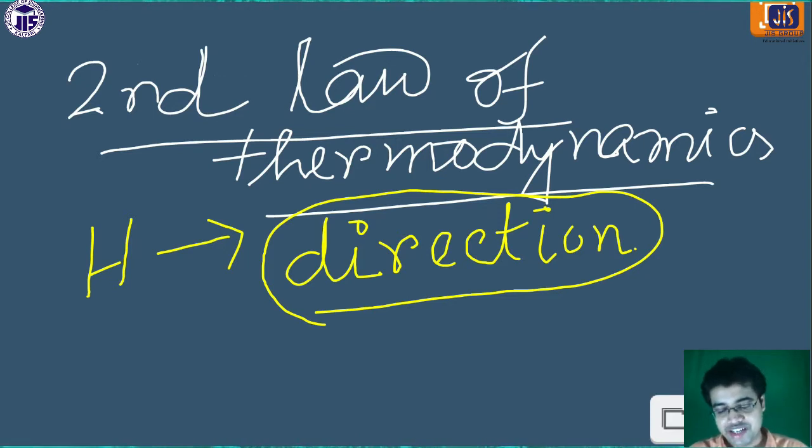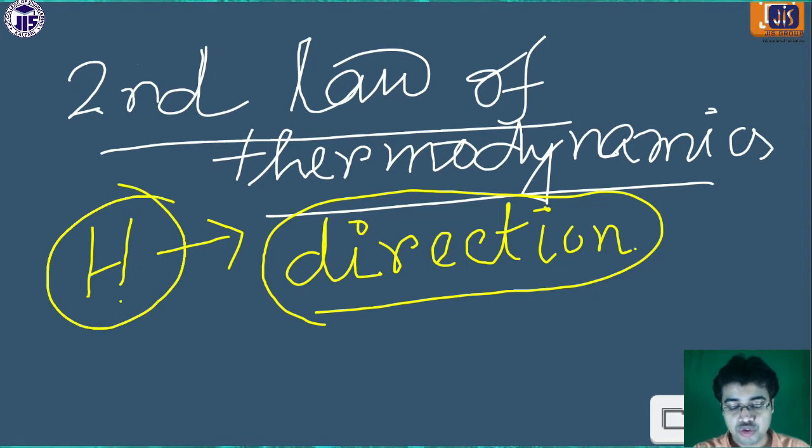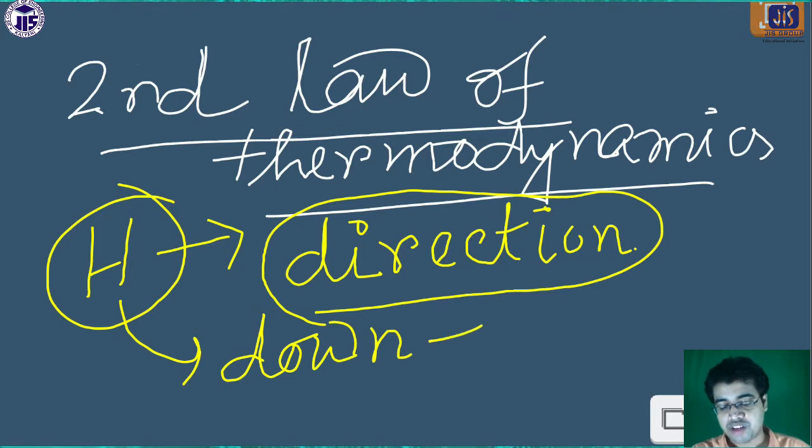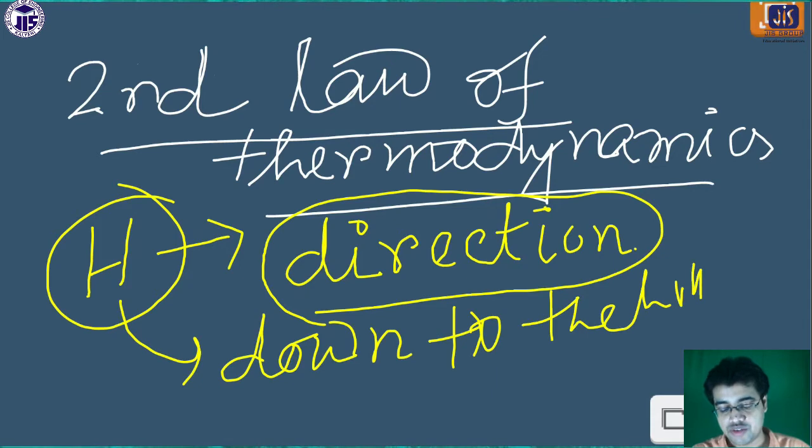So now what is the second law of thermodynamics? Most simply, I will tell you a simple definition at first, then I will tell you the definition of some scientists. First of all, according to the second law, heat always flows down the hill. What is the meaning of this?